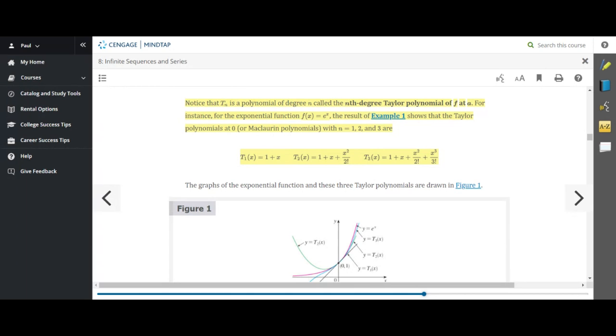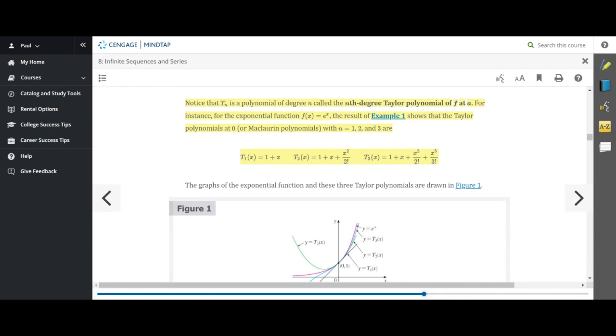How many remember linearization from calculus 1? If you take a function and linearize it, you find the tangent line approximation to the function. Well, e to the x is approximately equal to 1 plus x.